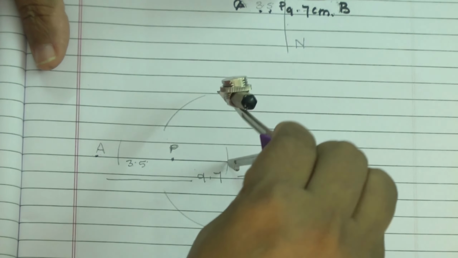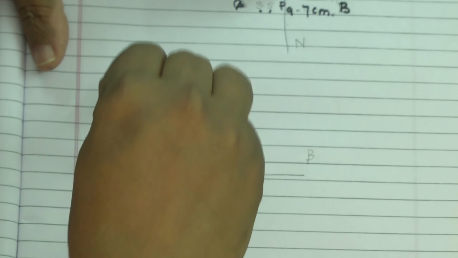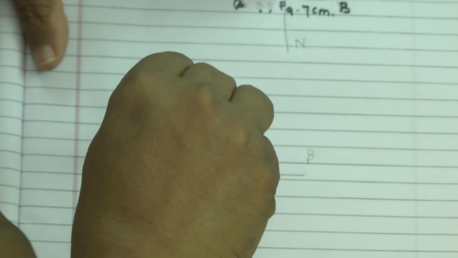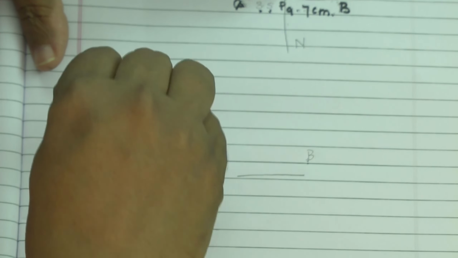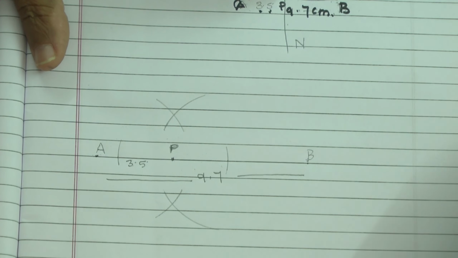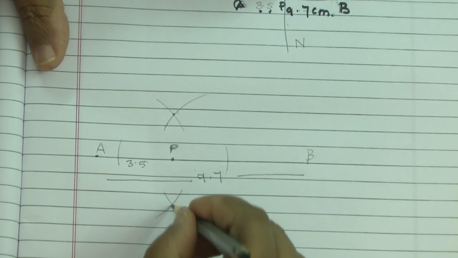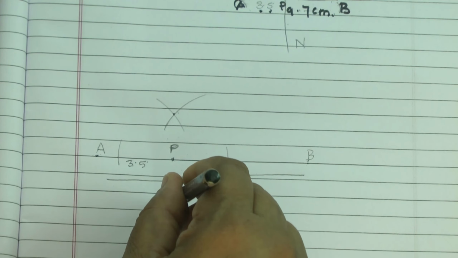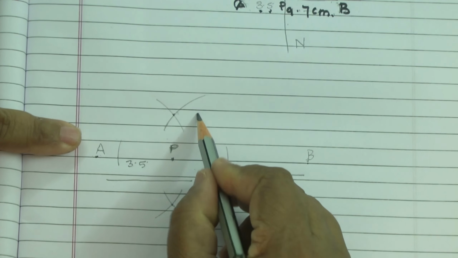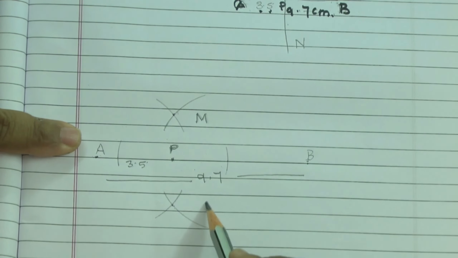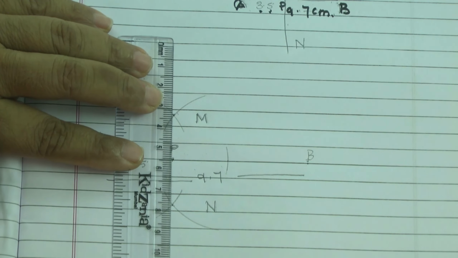Okay, lift the pointer and keep on another arc, give one arc here and give one arc here. Now you got 2 points where the arcs are intersecting. Mark them as M and N, M and N. Join those points.